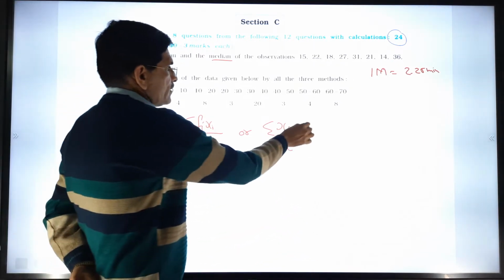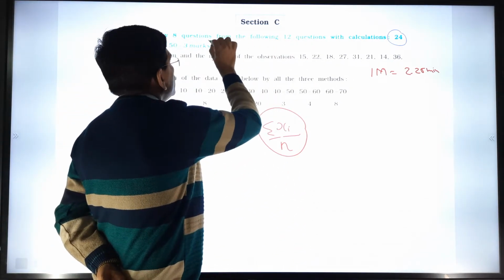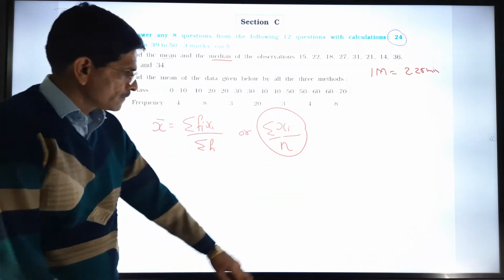Sigma xi means sum of observations. So we are using this formula to find the mean.